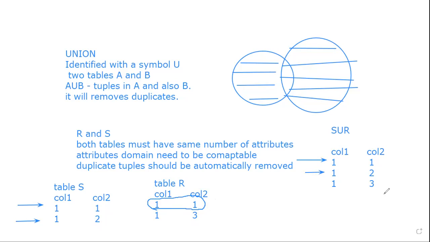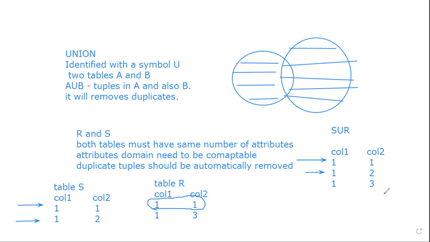This is called S union R. This is about the union in set operations. The first set operation is the union. Union is identified with the symbol U. If you take two tables A and B, the tuples of both tables will be displayed, but the condition is that duplicates will not be displayed. This has three properties.